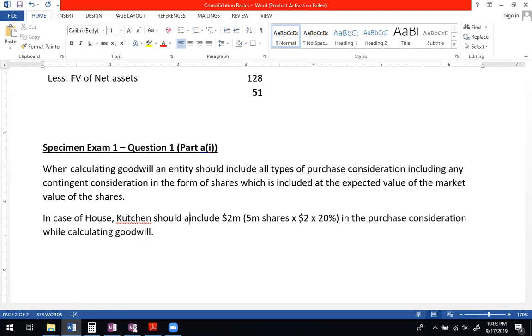We can add a word also. So apart from 40, it should also include $2 million in the goodwill.